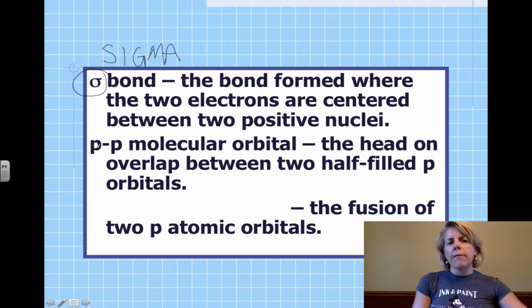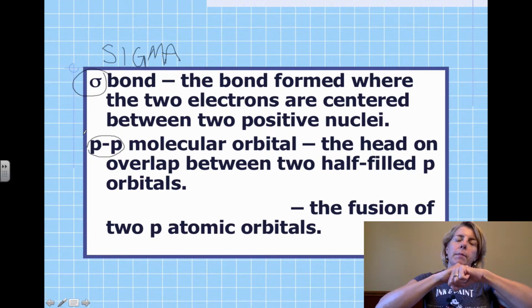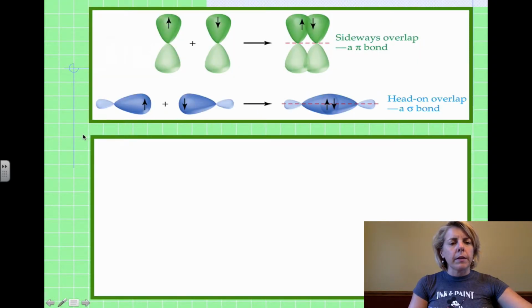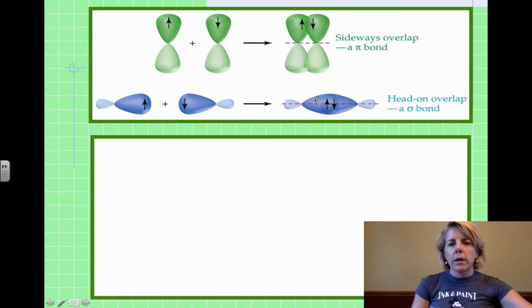Now you could have another type of bond where instead of s orbitals, we have p orbitals. Remember those balloon-like lobes; they can overlap and form a single bond. So with a p orbital, we essentially have two lobes overlapping, and there are two electrons that reside in that overlapping.